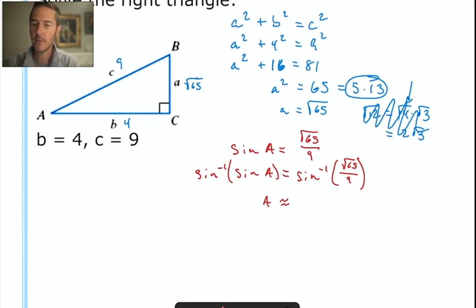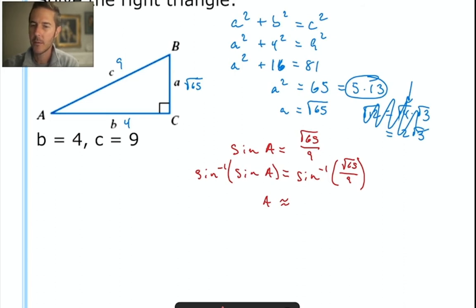So let's type it in on this calculator. Now this thing's weird, we have to sort of work it from the inside out. So I'm going to type in 65, and then hit the square root button, if I can find it. There it is. And I get 8.06225, etc. I'll leave that on the screen, hit divided by 9 equals, and I've got 0.895.